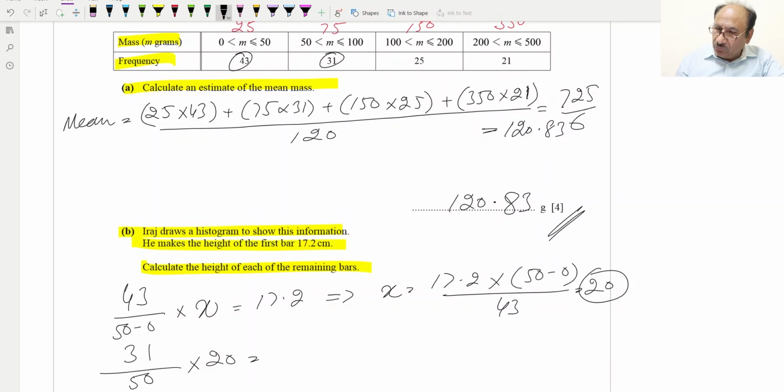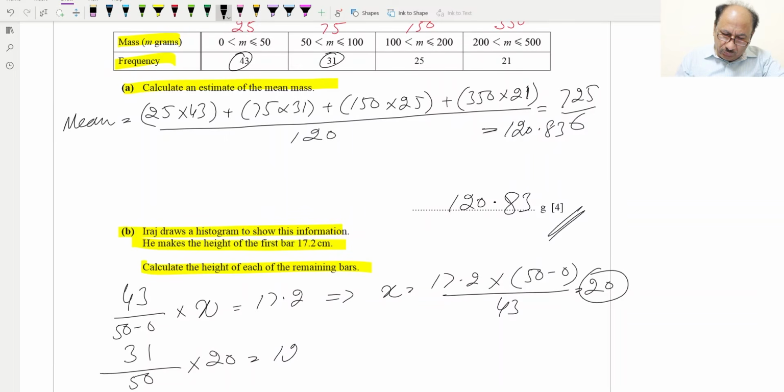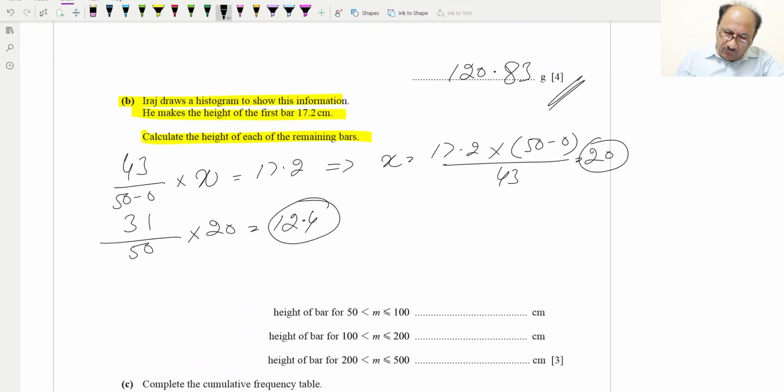So this will be 31 multiplied by 20 and divided by 50, and this is equal to 12.4.